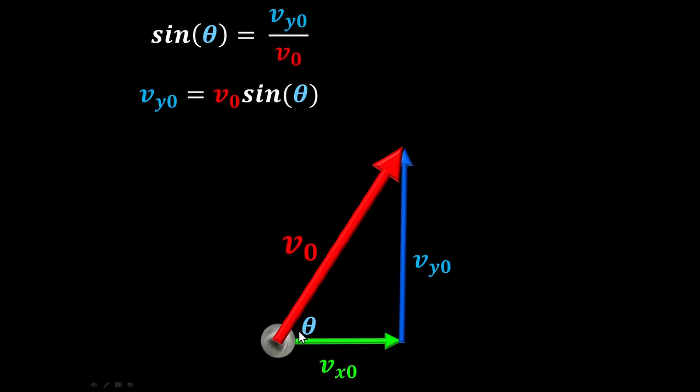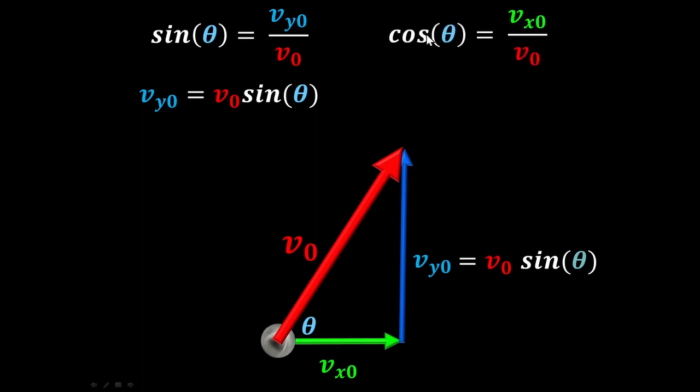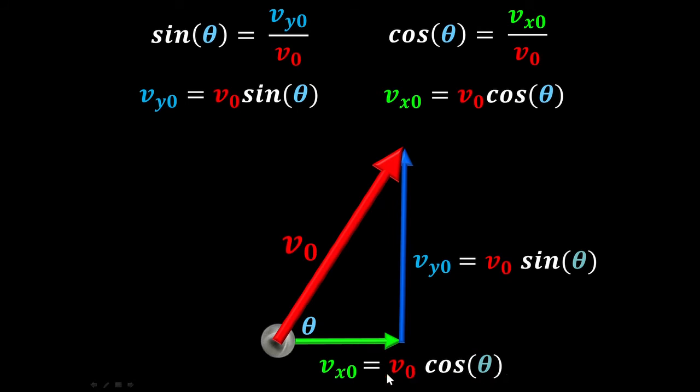So this side is just going to be the initial velocity times the sine of the angle. And then we can calculate this one over here. The cosine of the angle is adjacent over hypotenuse, and I want to find out what that adjacent side is. I multiply both sides by v sub naught, and this is what we get. So this is going to be how fast it's traveling horizontally.